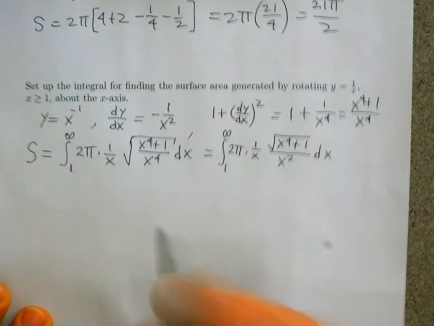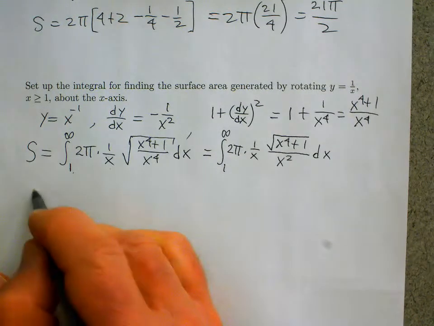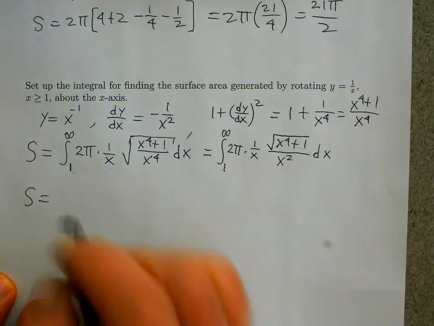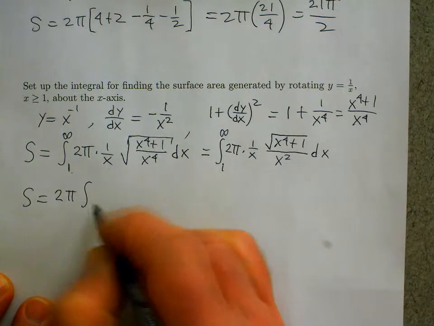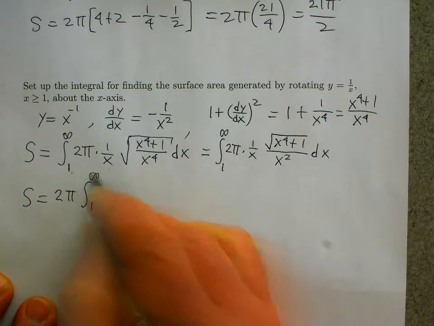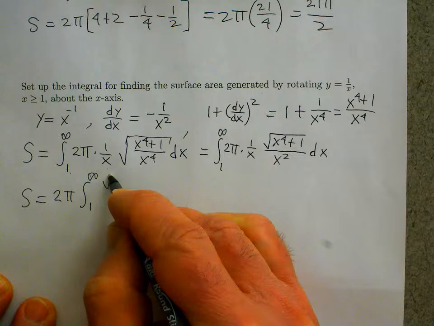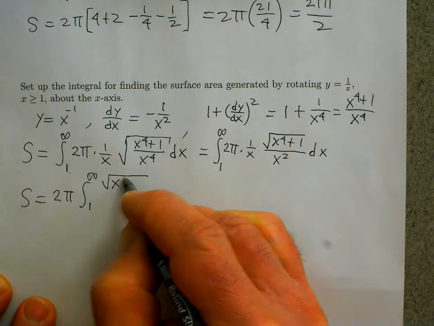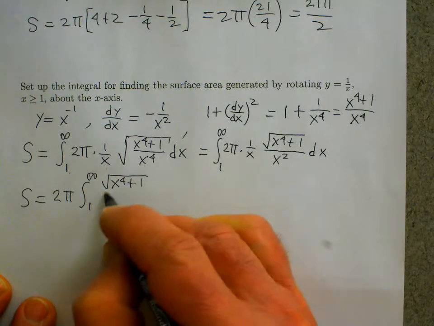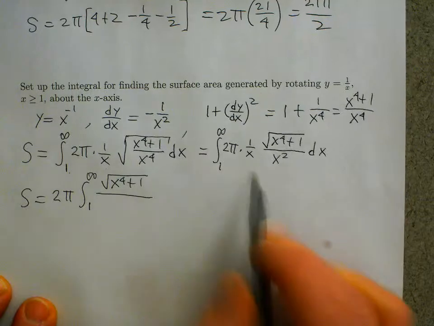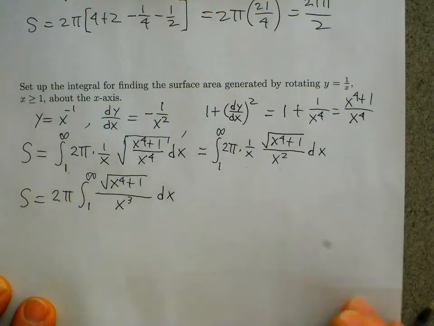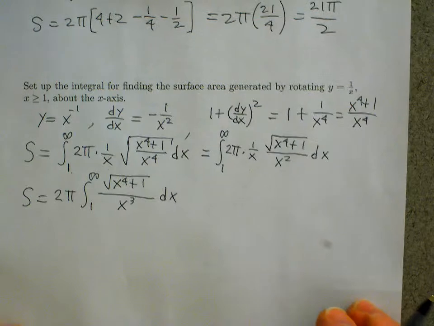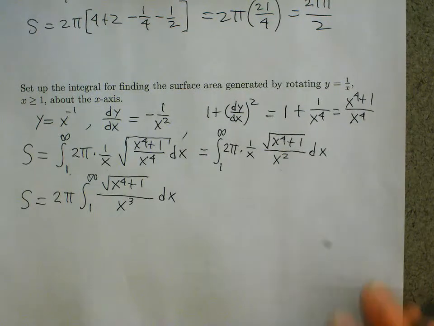Okay, then let's write this as 2 pi times the improper integral from 1 to infinity of the square root of x to the fourth plus 1 over x to the third dx. Okay.